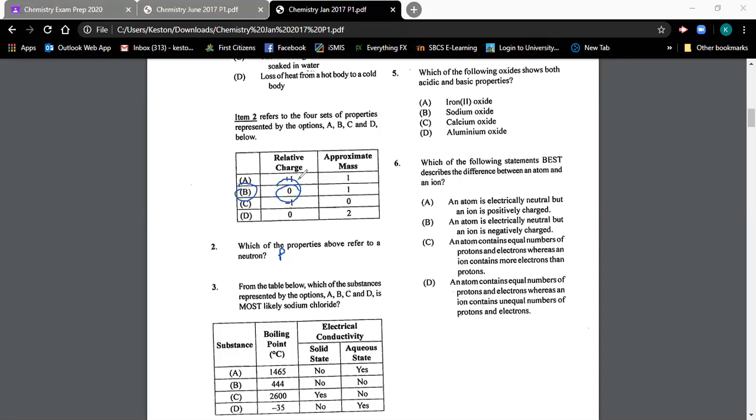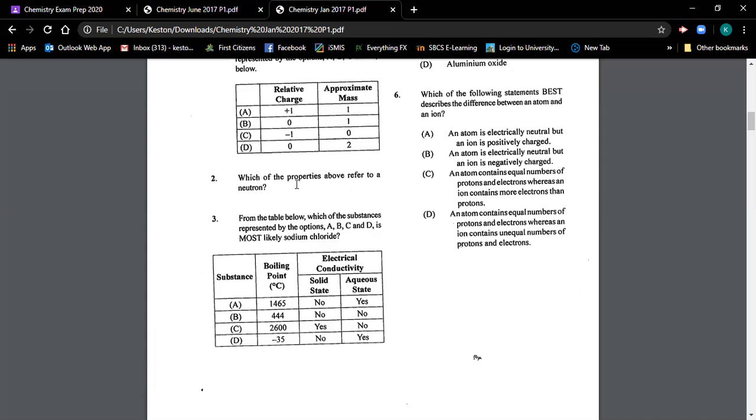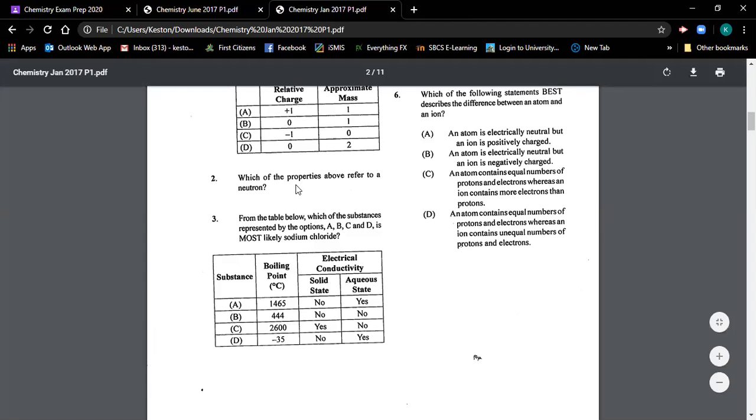53. From the table below, which of the substances represented by the options A, B, and C is most likely to be sodium chloride? Which one? Sodium chloride. Yes, it's for this one.